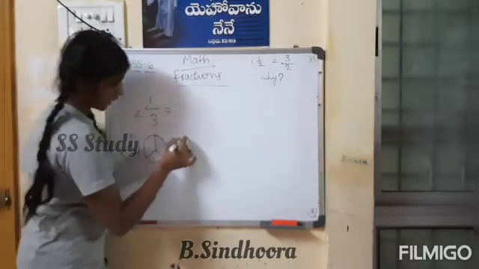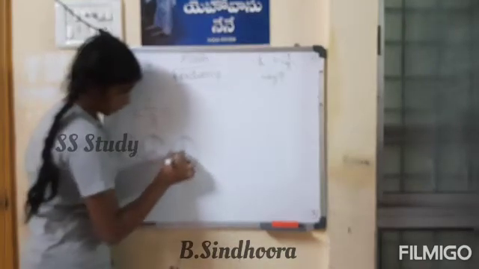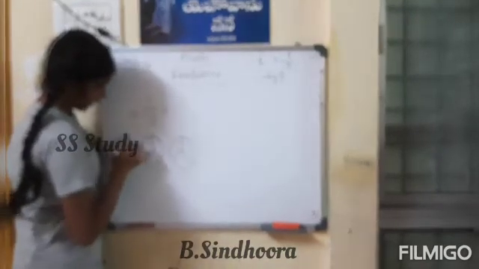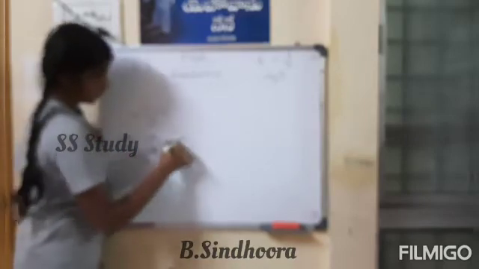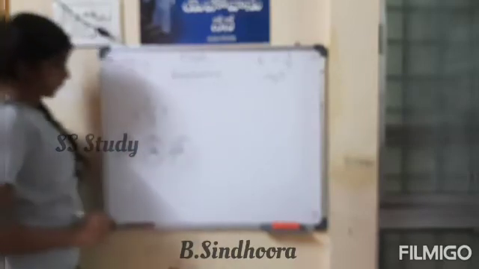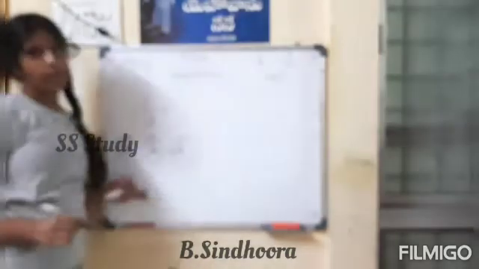Two wholes, right? Another one. Let's see. Because this total will be filled with 2 wholes and 1 by 3. 1 by 3. This is the diagram of this. Let's convert it into an improper fraction.